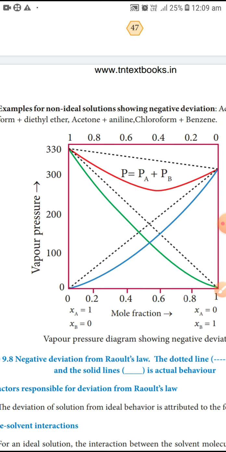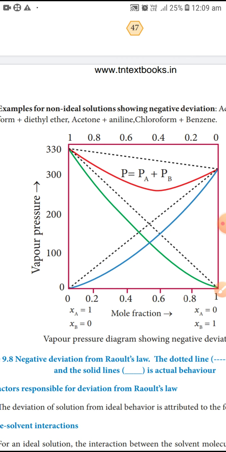The first one is solute-solvent interaction. For an ideal solution, the interaction between the solvent molecule and the solute molecule is expected to be similar. If this interaction is dissimilar, then there will be a deviation from ideal behavior.